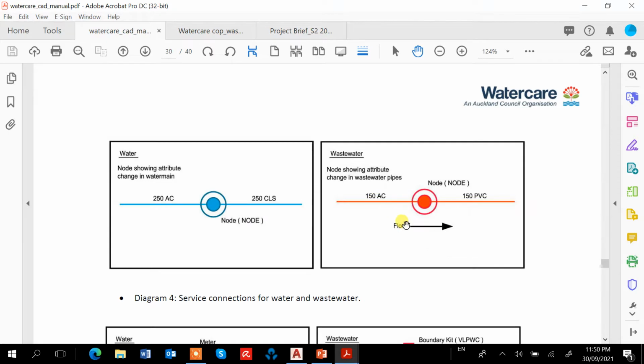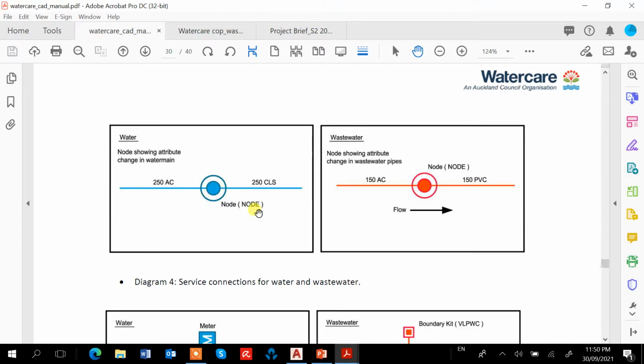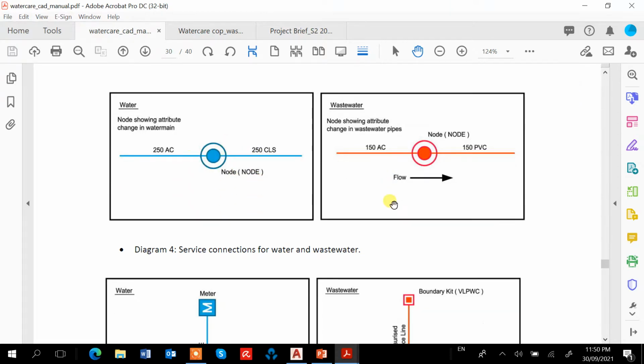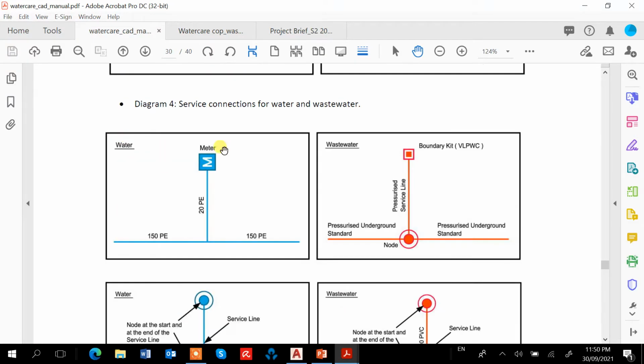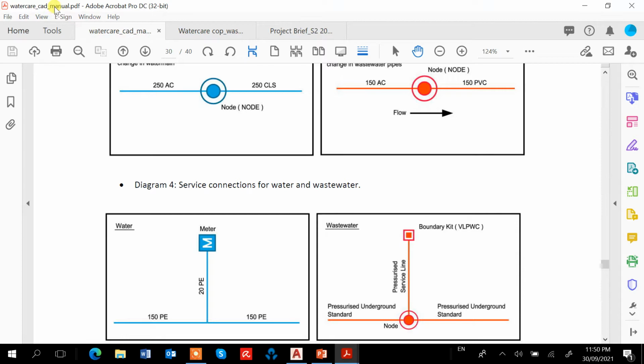So for the wastewater, we use the red color. For the water reticulation, we use this one, which is blue. Is it blue or cyan? Okay, this color. I will attach the Watercare CAD manual in the Moodle as well.